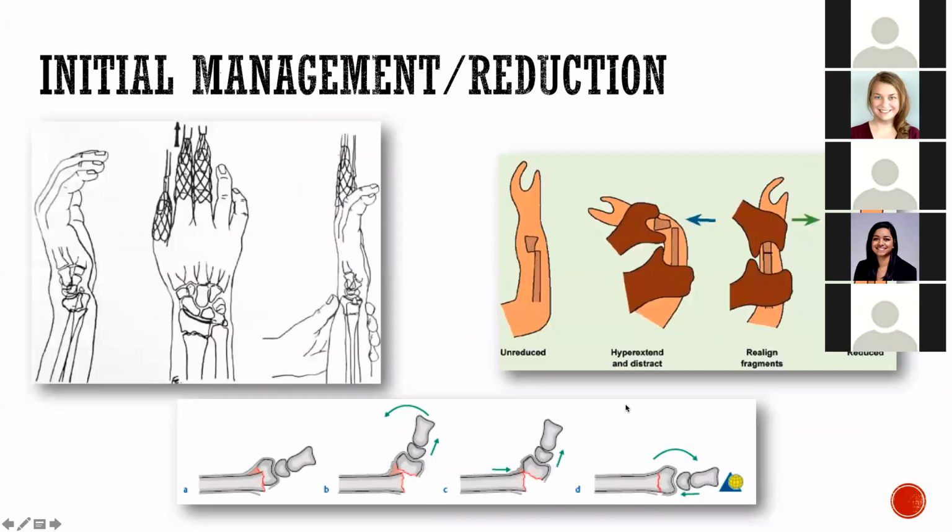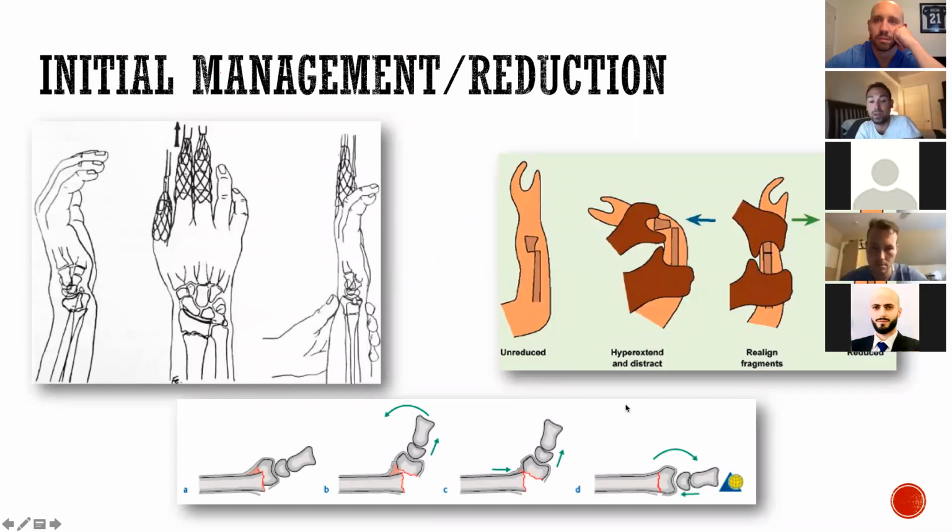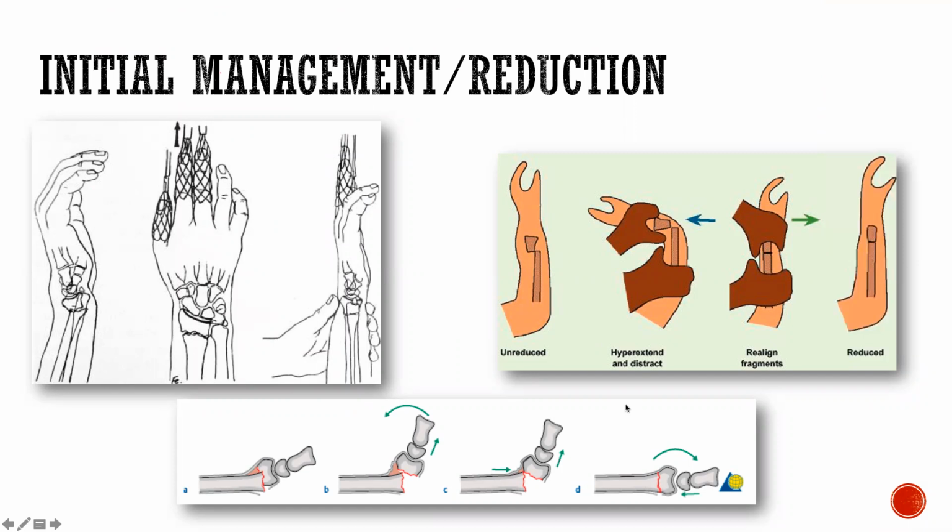Initial management. So this is the fun stuff that you guys as medical students might be able to get to do down in the emergency department with your resident, and this is how to make the x-ray look better, how to reduce the fracture and put it back. There are multiple ways of doing this, but usually they involve some degree of a longitudinal traction, and then they usually require, if it's a standard kind of dorsally displaced fracture, some posterior to anterior force.